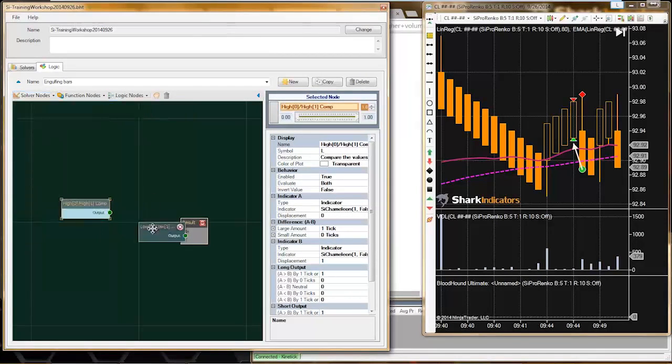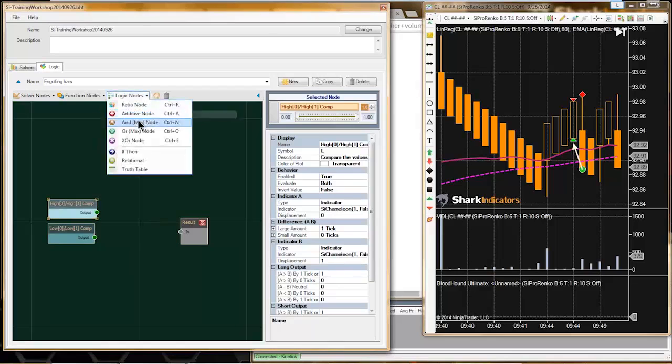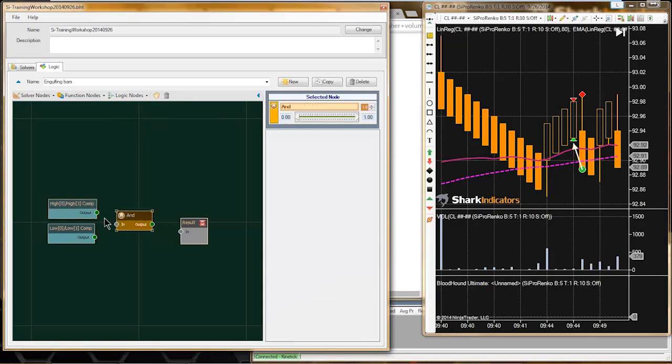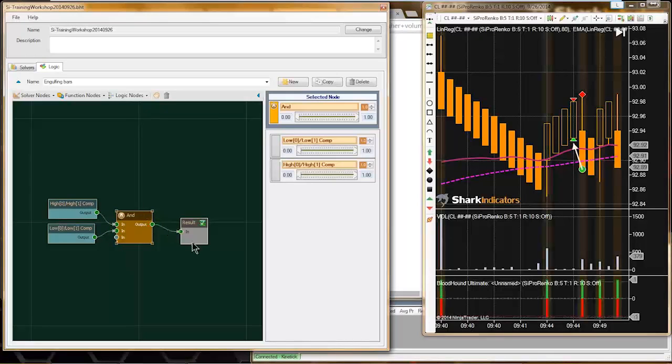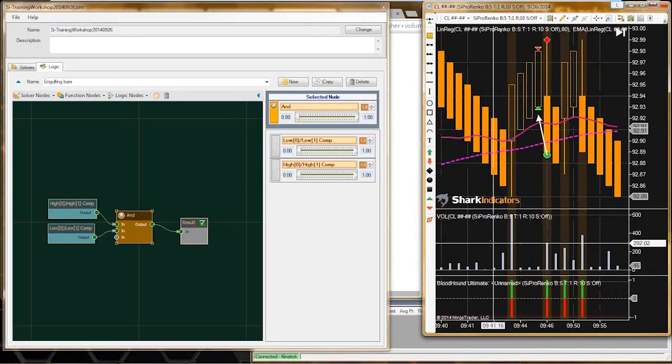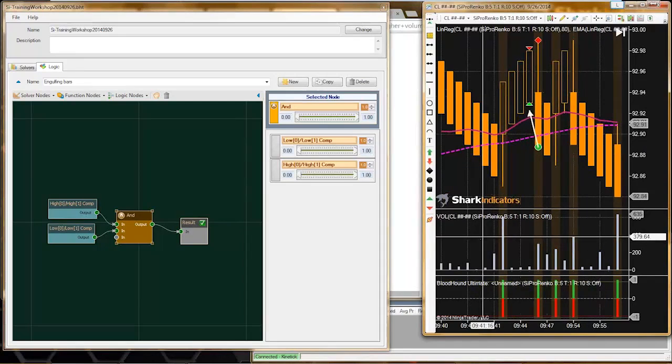Drop the other one on here. And we need both of these conditions to happen at the same time. So there we go. As we look at our chart, we can see that all the engulfing bars are marked.